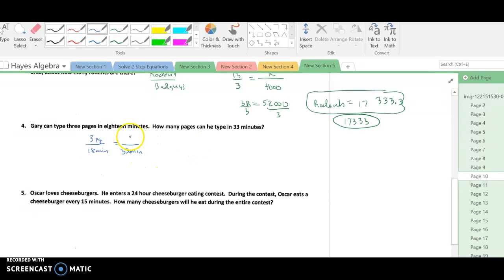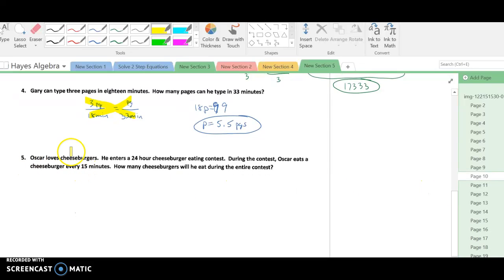And when I cross multiply, 18 times the pages equals 33 times 3, which is 99. And when you divide 99 by 18, you would get about 5.5 pages. Okay, so I cross multiplied this way and this way.